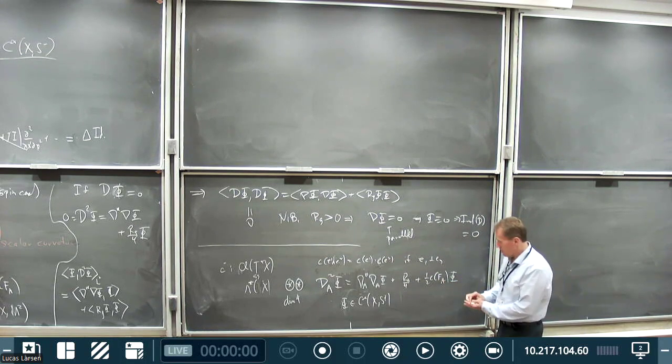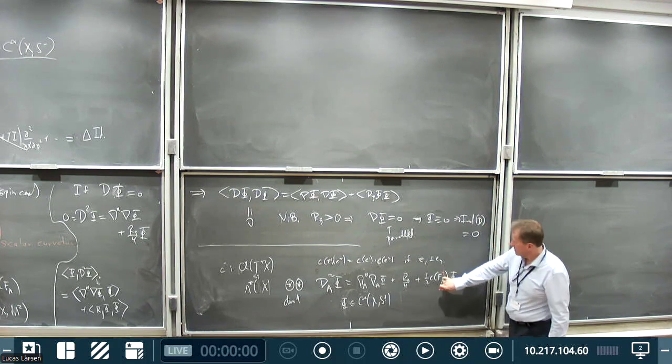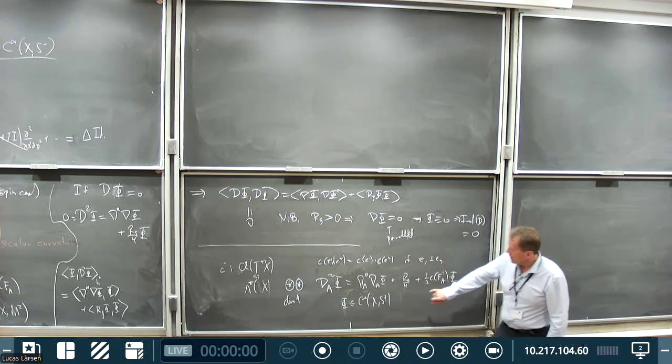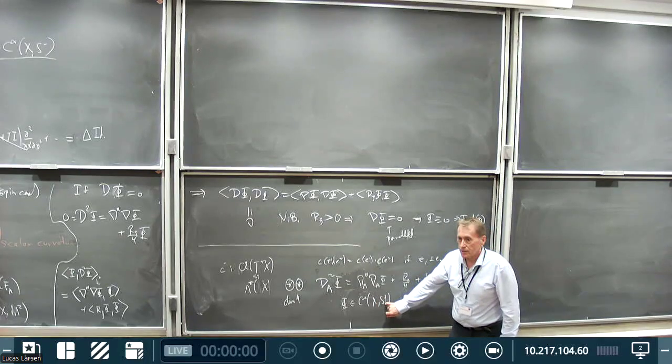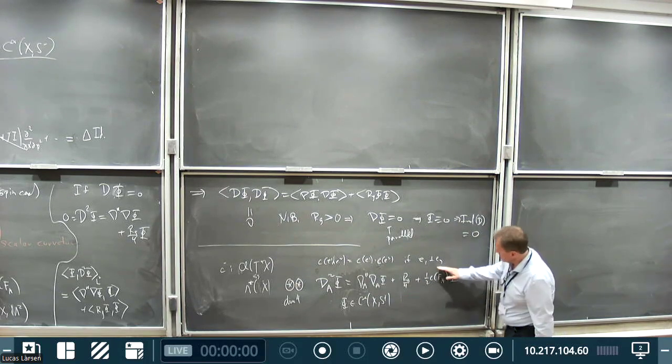What is in fact happening here is that only the self-dual part of the curvature of the connection is acting non-trivially. If I looked at the adjoint, the part that acts on S minus, I would find F minus here.